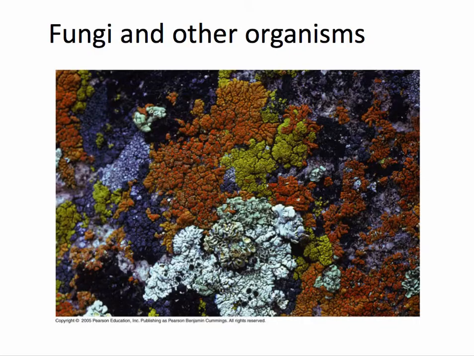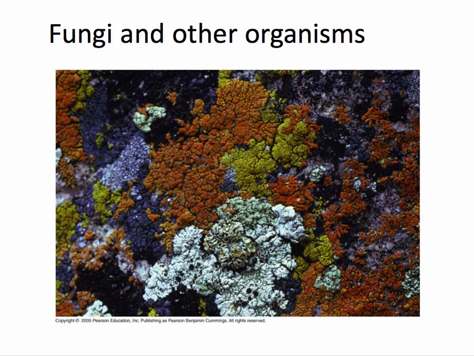Big thing about fungi is that fungi have relationships with other organisms. So here is a good example. Here are several different types of lichen. Lichens are associations between a photosynthetic partner and a fungus. Both benefit. The fungus provides the photosynthetic partner with water and minerals.